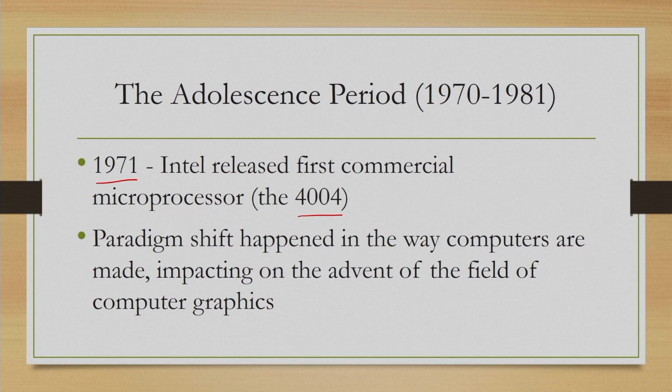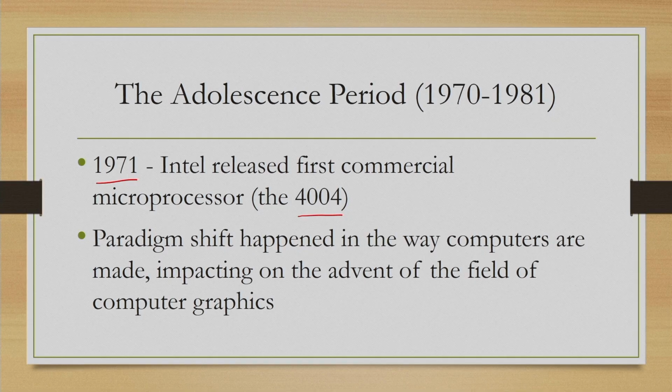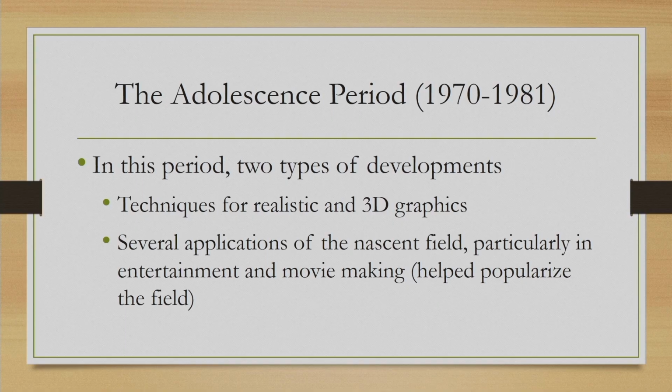Now, as we all know, with the coming of this microprocessor, a paradigm shift took place in the way computers were designed, and that in turn impacted the computer graphics field in a significant way by making computations less costly and affordable. As a result, in this period several interesting things happened.